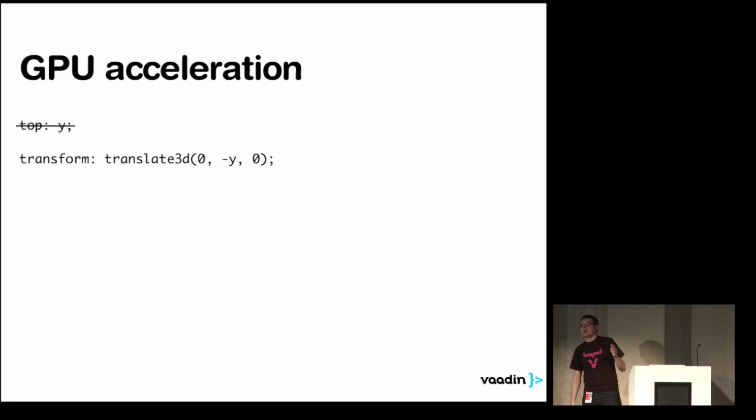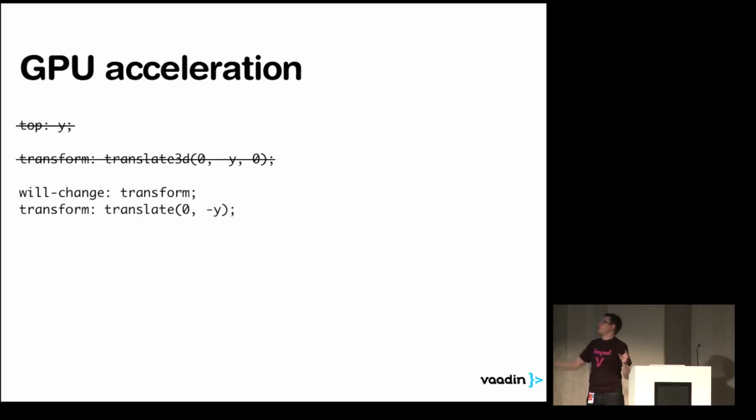So eventually, I think Blink already has this, so Chrome and Opera. Other browsers will probably introduce it. It's a new CSS attribute called will-change. And then we tell the browser that, hey, this is something that you should be prepared to animate. So here we say that transform is something the browser should be prepared to do something with.